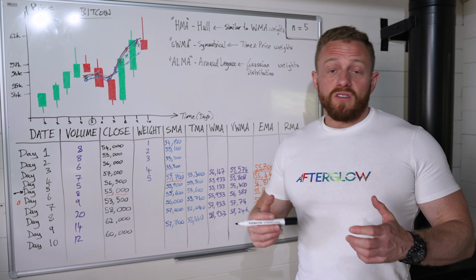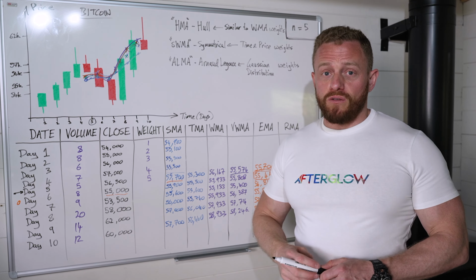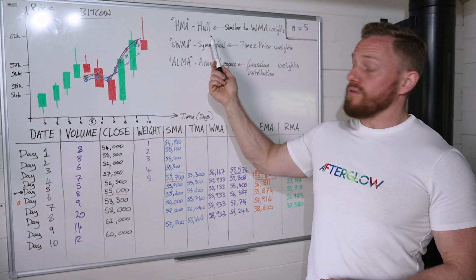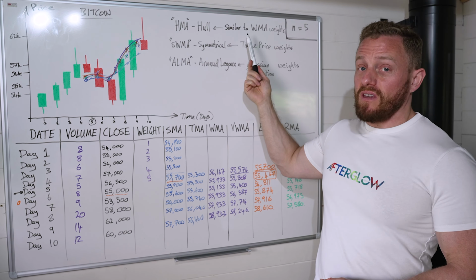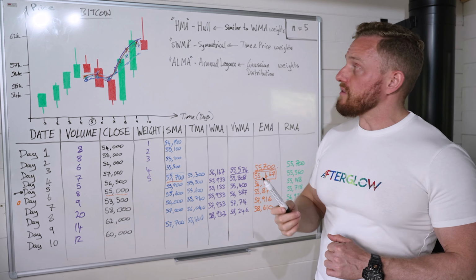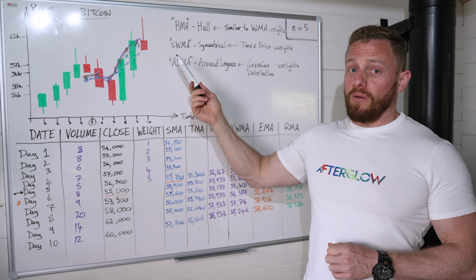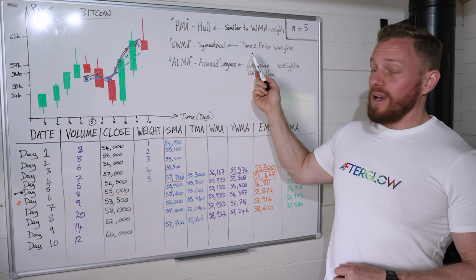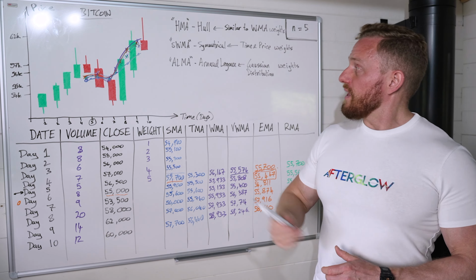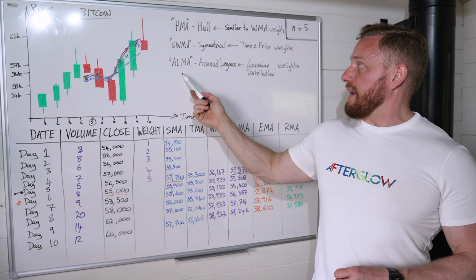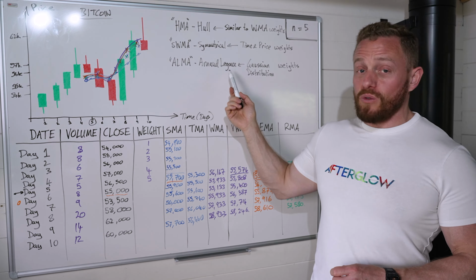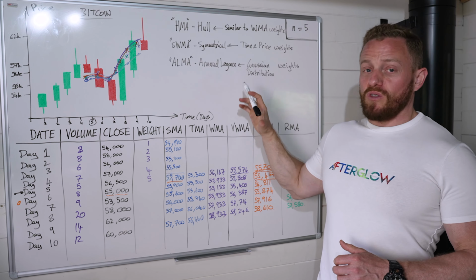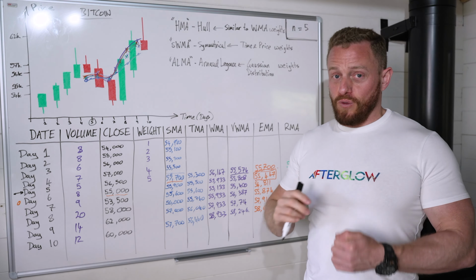Now, there are actually several other lesser well-known moving averages, such as the HMA, or Hull moving average, which is pretty similar to the WMA with slightly different weights. There's the SWMA, the symmetrical moving average, which uses a time and price weighting system. And there's the ALMA, the Arnaud-Legoux moving average, named after a Frenchman, which uses a Gaussian distribution for the weights.